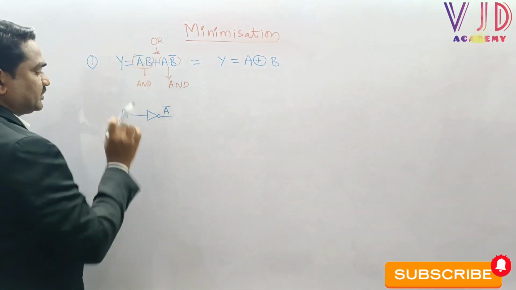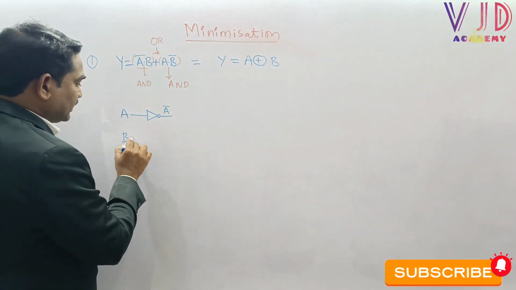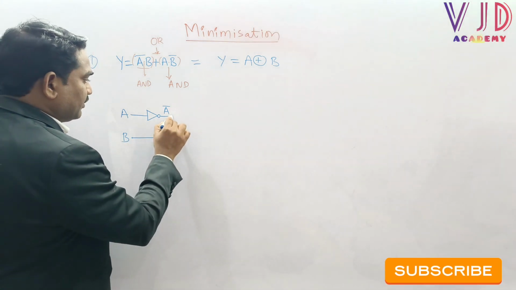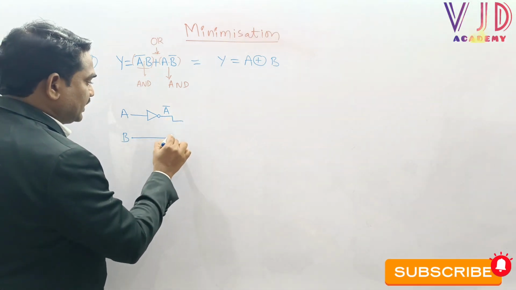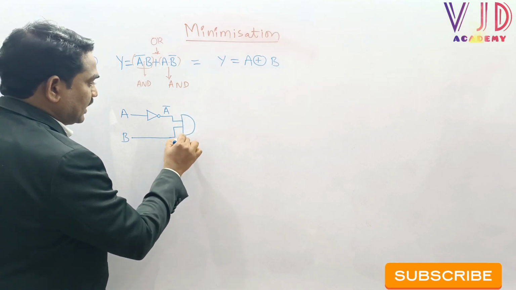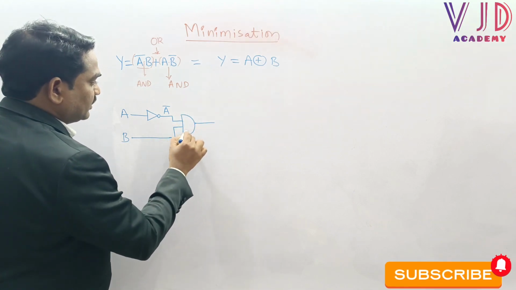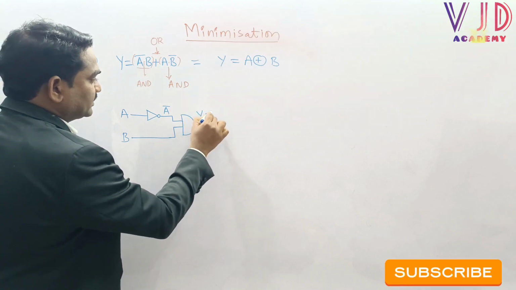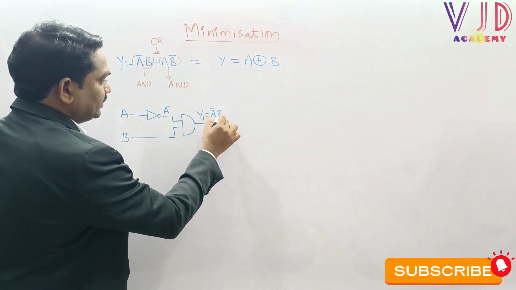To implement this first part, I want to take one connection from b. Now I add these two, a bar and b, to one AND gate. This is the output y1. We can say that y1 equal to a bar into b.